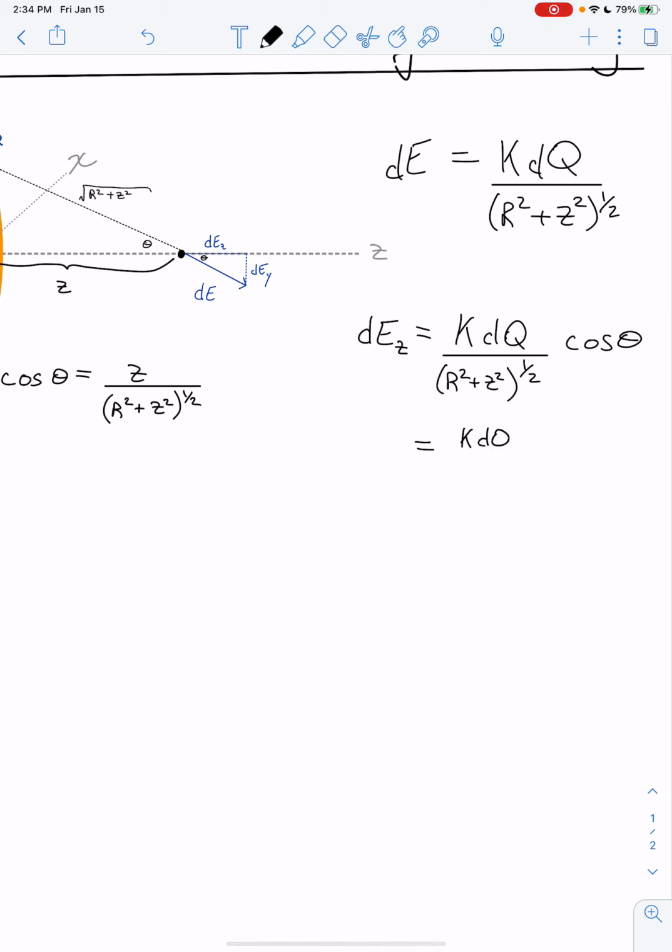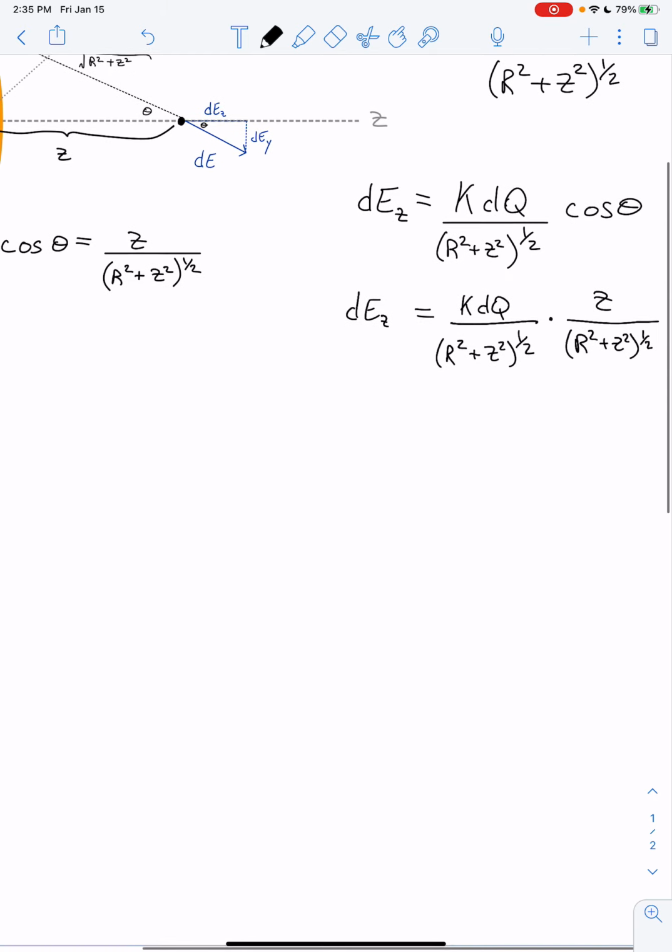It will make it easier for us to do the integration. That's our dE in the z.